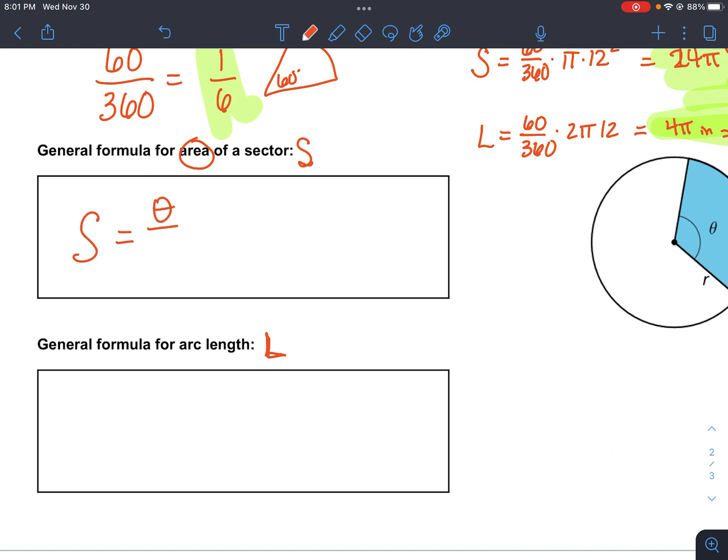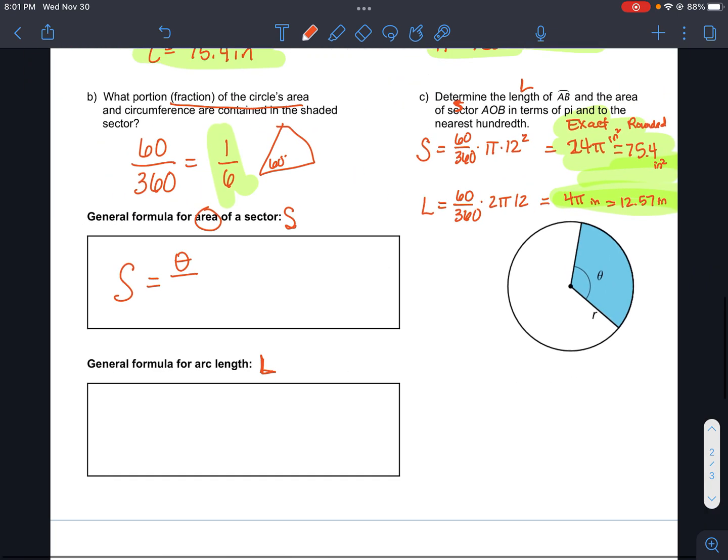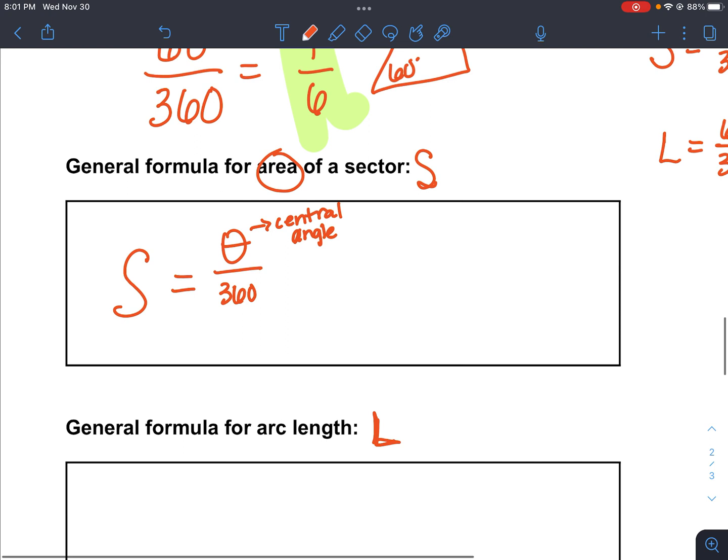A sector is whatever the angle measure is, you can see an angle over here is theta, degrees over 360. And this is for the central angle. So you're figuring out what fraction of a circle it is, and times pi r squared.